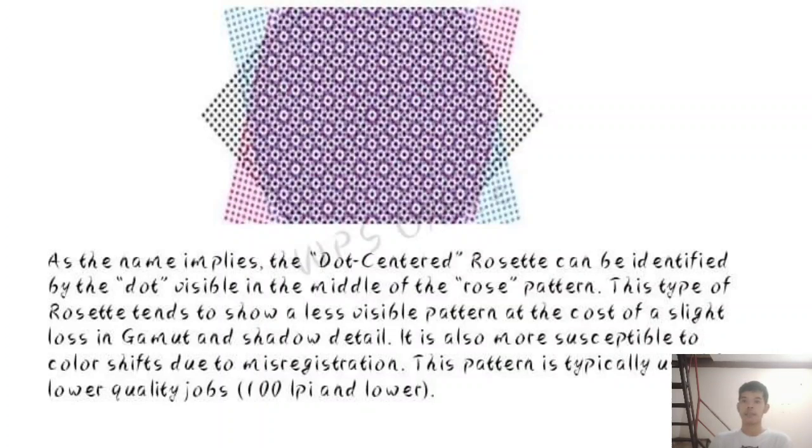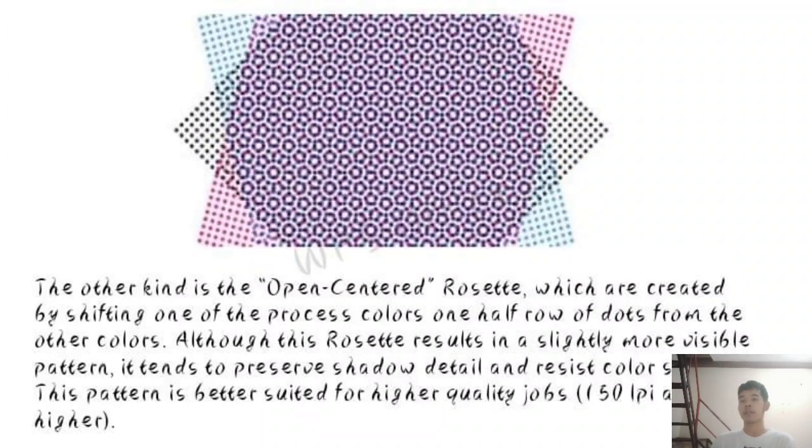It is also more susceptible to color shift due to misregistration. This pattern is typically used for lower quality jobs of 100 LPI and lower. Then there is the clear-centered or open-centered rosette, which is created by shifting one of the process colors.